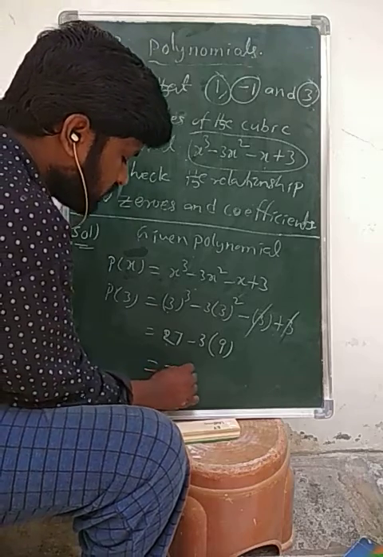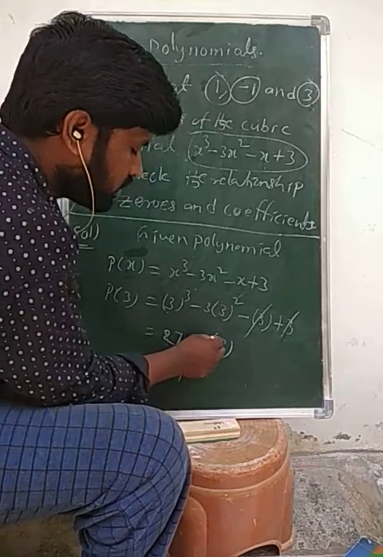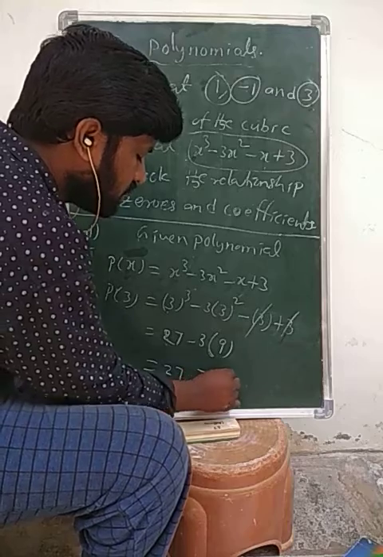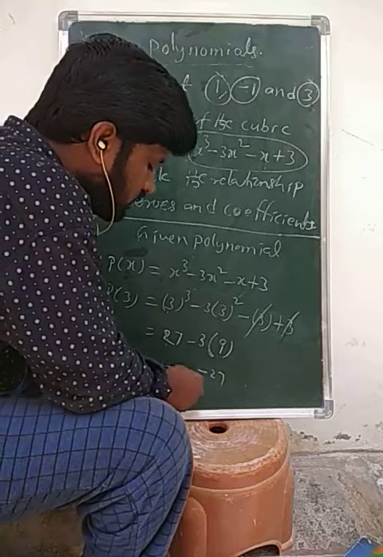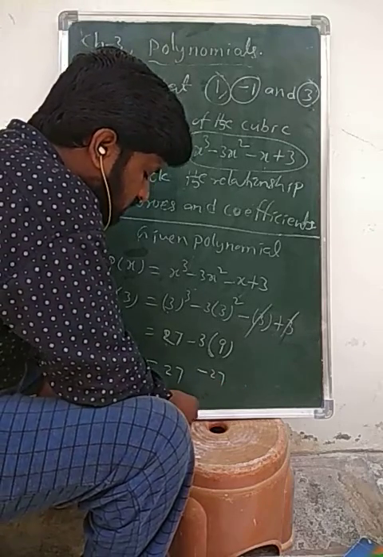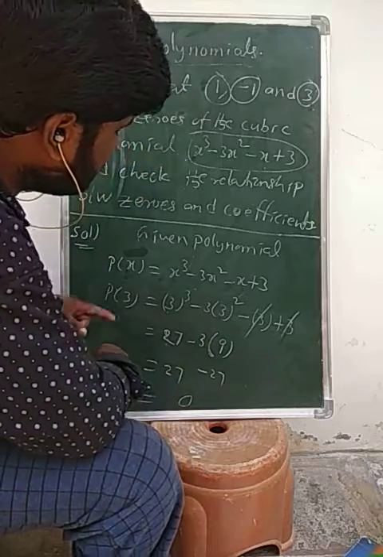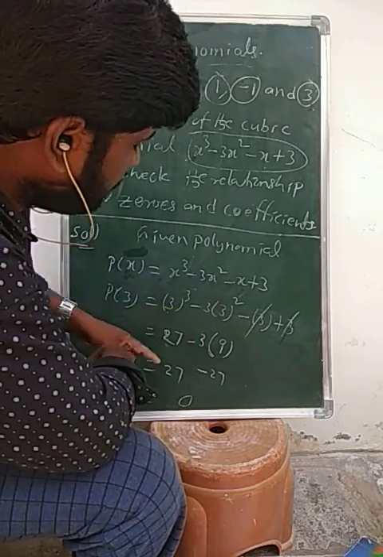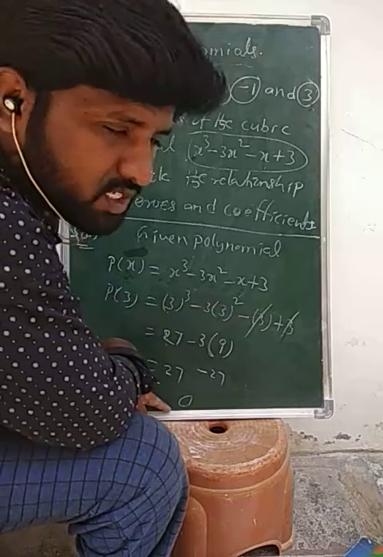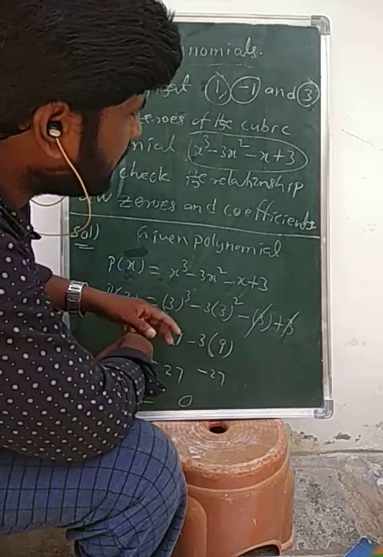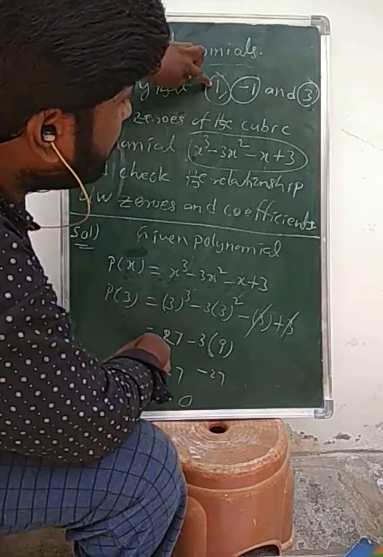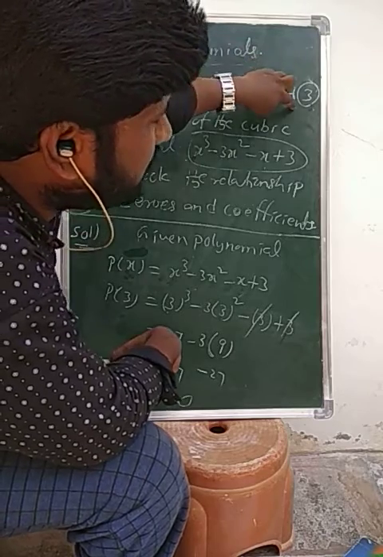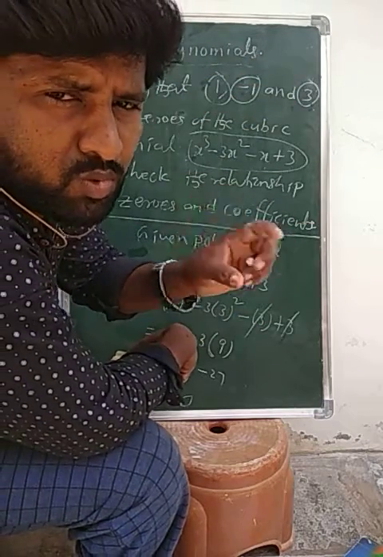Now 27 minus 3 into 9, minus 3 of 9 is minus 27. 27 minus 27 becomes 0. If we replace x with 3, the value of the polynomial becomes 0. So clearly we can say that 1, minus 1, 3 are the zeros of the polynomial.